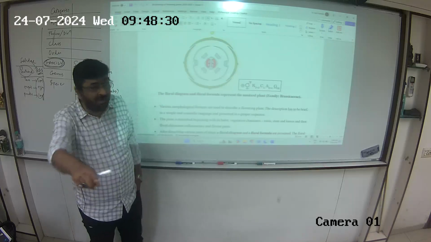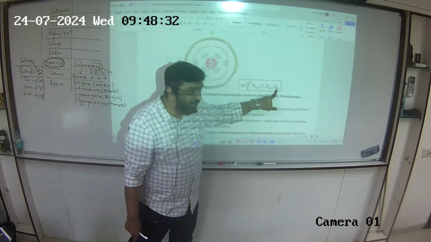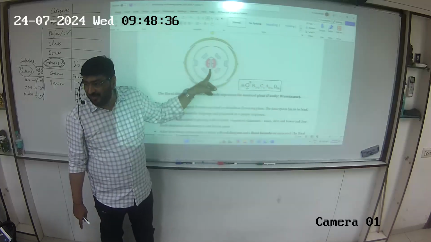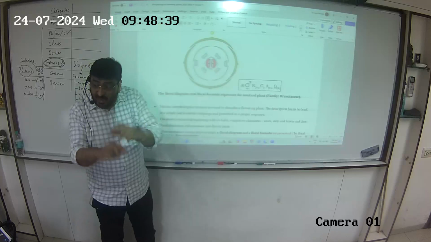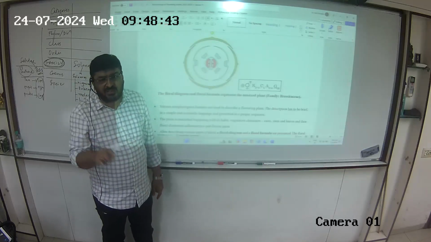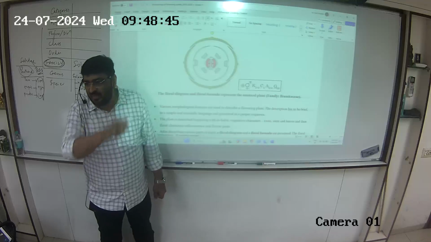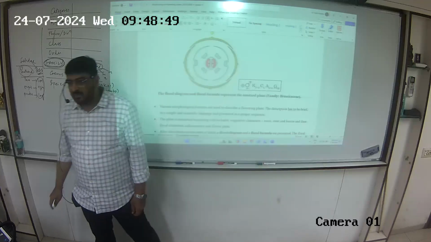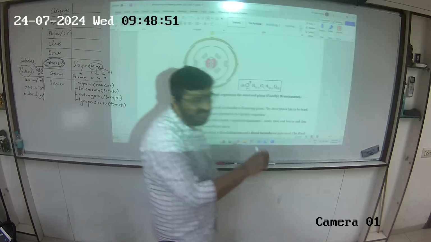Very good, excellent. I can know that this is a superior ovary, but there is no way I can tell whether the ovary is superior or inferior from the diagram. अब उल्टा लिख लो. The formula tells us the position of the ovary, right, which cannot be seen in the diagram.